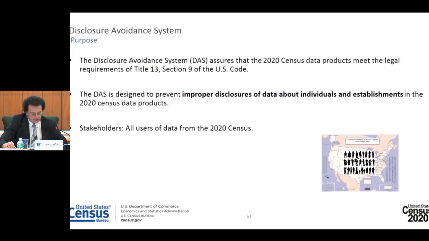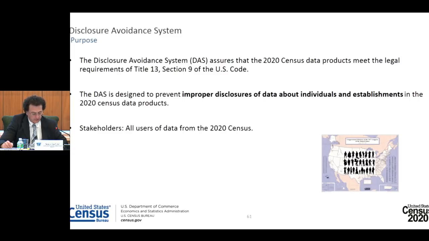The DAS protects the results of the census so that data from individuals cannot be identified. That is, the DAS is designed to prevent improper disclosures of data about individuals in the 2020 Census data products.